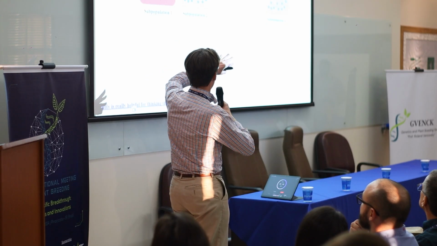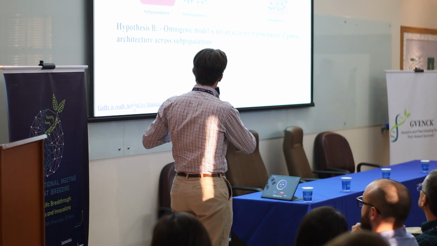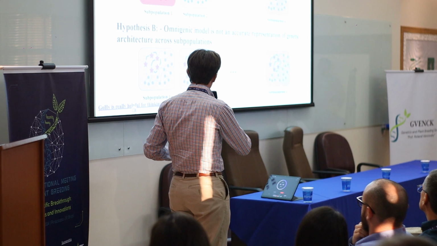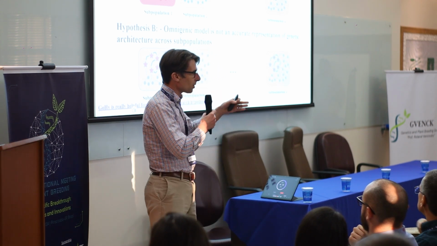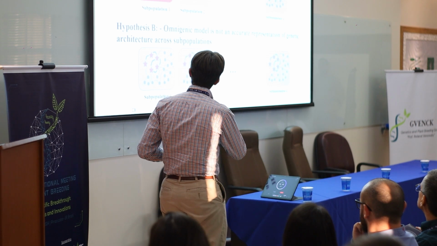And this is indicated by these different colors. The competing hypothesis is that the omnigenic model is not an accurate representation, and we would see something boring across our subpopulations, maybe similar networks of peripheral genes.